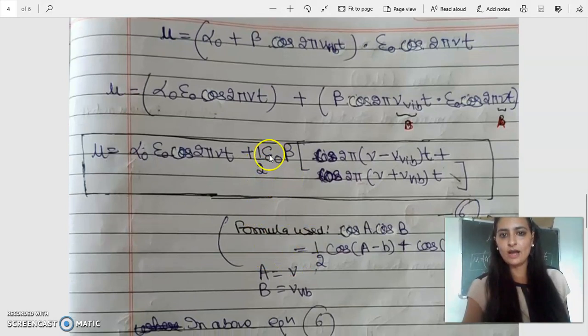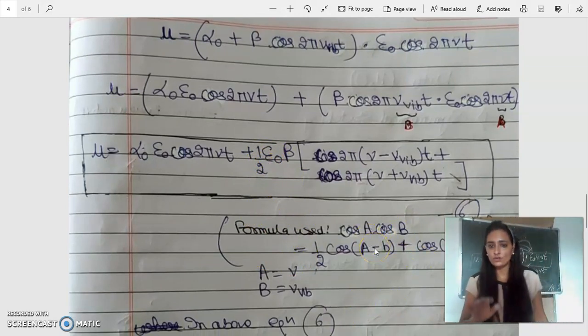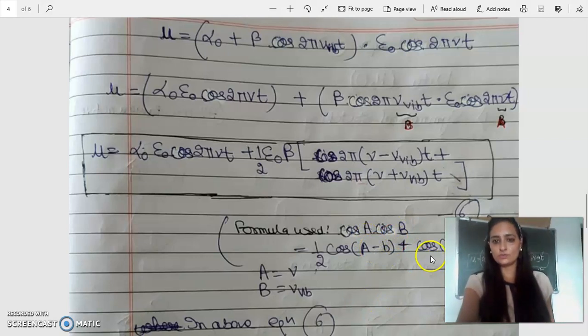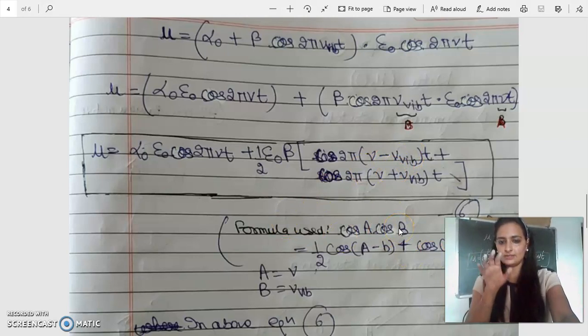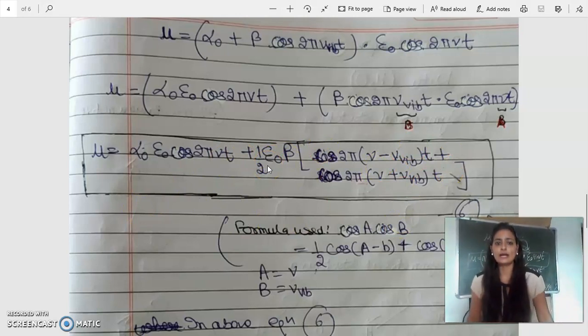In the formula we have half, as you can see here, that cos A cos B is equal to half cos(A minus B) plus cos(A plus B). I'm just going to put the values of A and B in this formula, and I will get this equation, that is mu is equal to alpha E naught cos 2 pi mu t plus half E naught beta, and the whole (mu minus mu vibrational) and (mu plus mu vibrational) t.